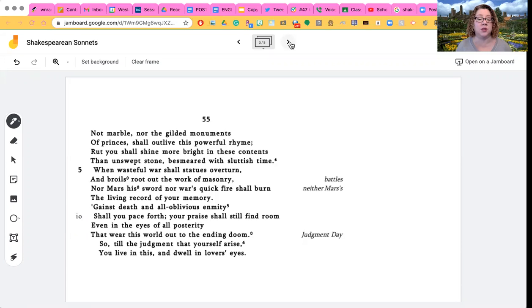'Gainst death and all oblivious enmity shall you pace forth. Your praise shall still find room, even in the eyes of all posterity that wear this world out to the ending doom. So till the judgment that yourself arise, you live in this and dwell in lovers' eyes.